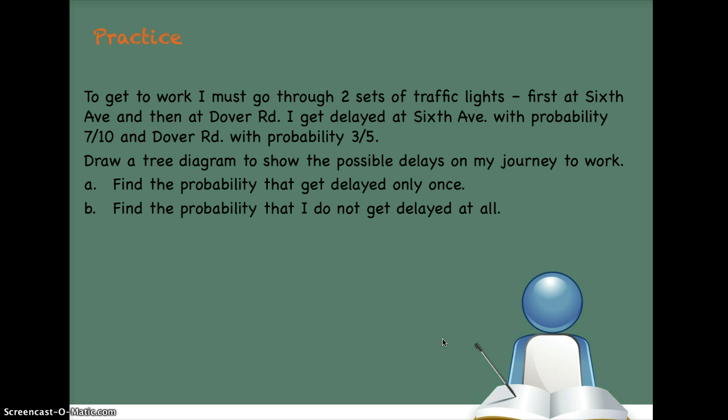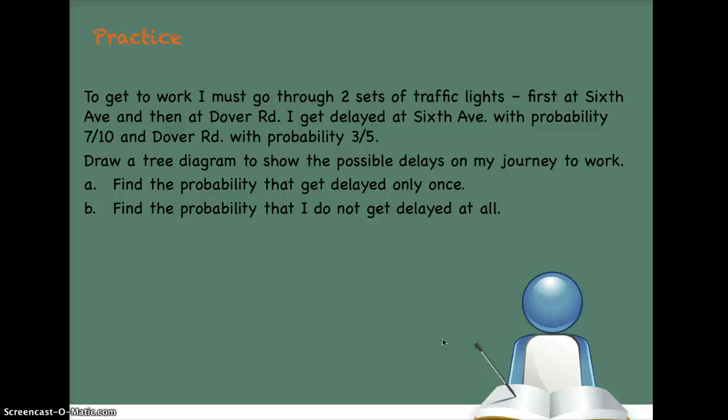Now, to keep on practicing the skill that you have learned, please work on this problem. Stop or pause the video before you continue and solve this given problem. This is about traffic. To get to work, I must go through two sets of traffic lights, first at 6th Avenue and then at Dover Road.